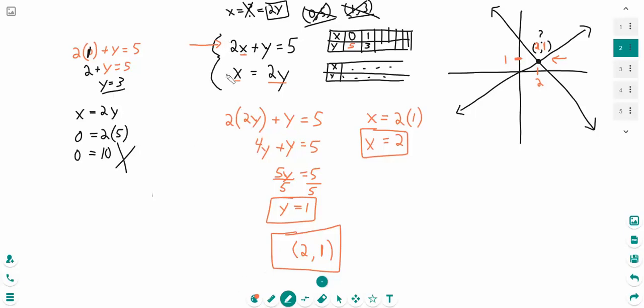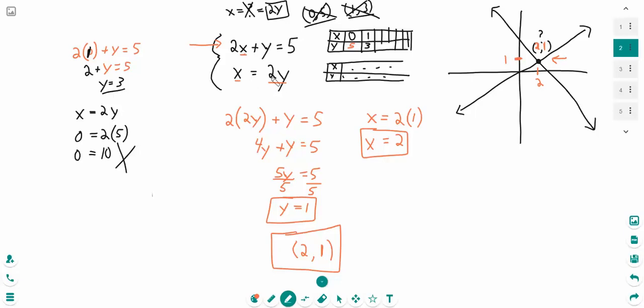We have two equations. They're enclosed with a brace, indicating that it is a system of equations. And we're only interested in the solutions that will satisfy both equations at the same time. To algebraically come to the solution, we recognize that equation 2 is all set up for us as being written in terms of x.